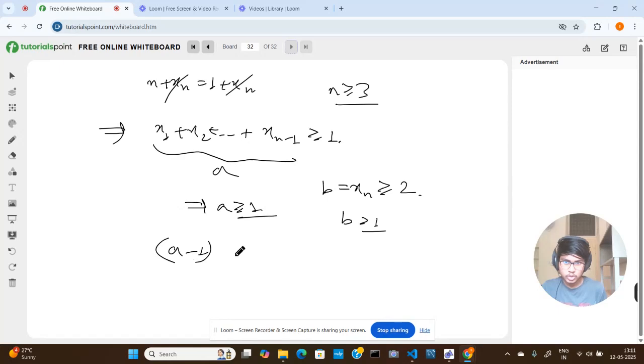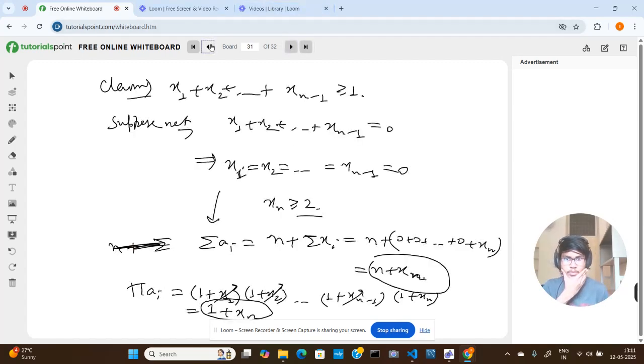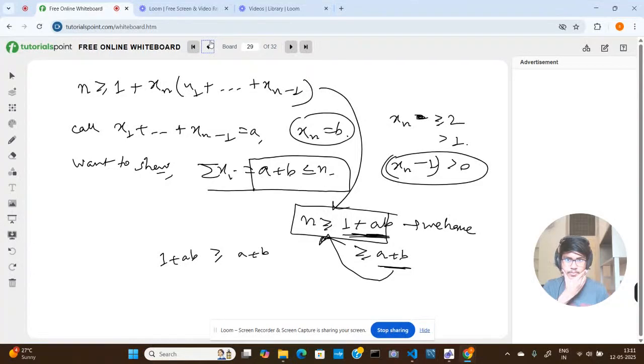That means, as both of the terms are positive, you can write a minus 1 times b minus 1 is greater than or equal to 0. That will mean ab plus 1 is greater than or equal to a plus b if we expand the product. And we already have shown that n is greater than or equal to 1 plus ab.